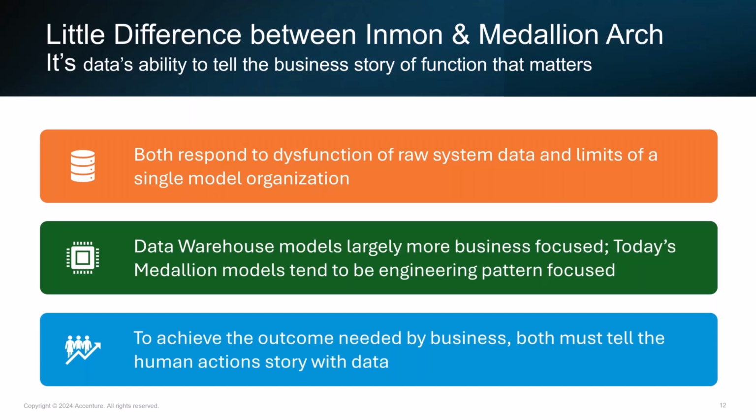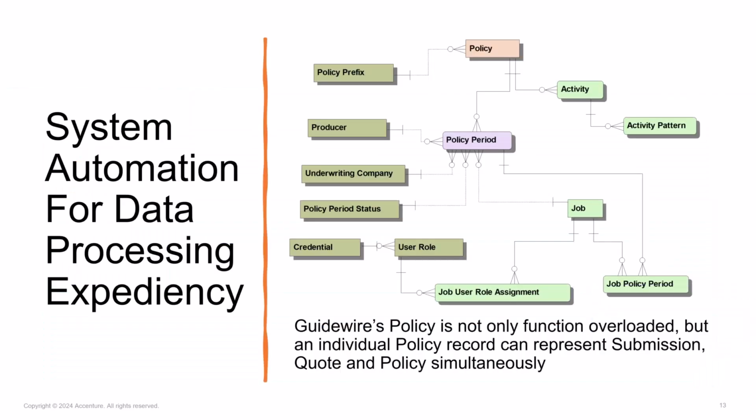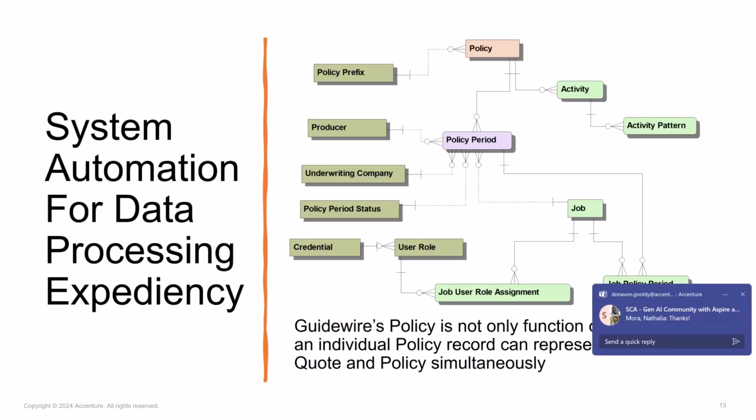And model approaches are somewhat different, or traditional model approaches versus what I see, a good deal of data vault in medallion architecture today. That was a question that came up a few times.